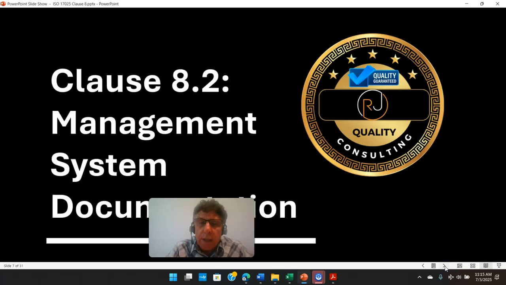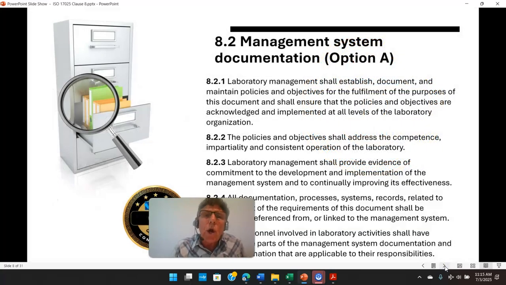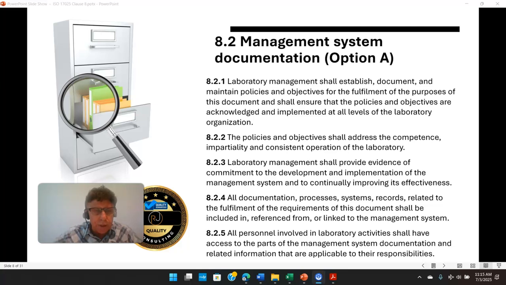So we move on to clause 8.2, which is management system documentation. And this is a very interesting section. We start off by, and this is all under option A. If you were option B, you would stick with section 8.1. So laboratory management shall establish, document, and maintain policies and objectives for the fulfillment of the purposes of this document.